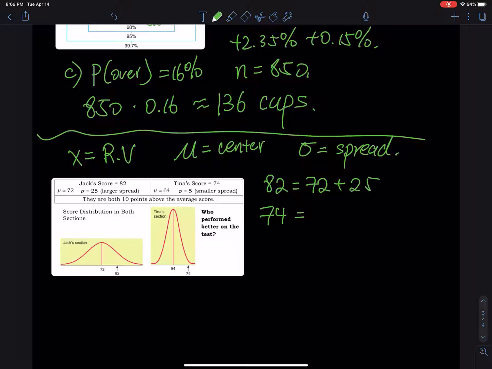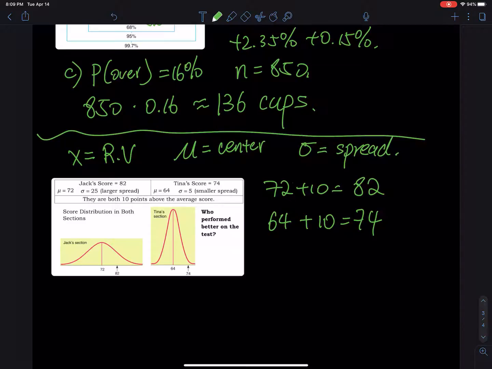Oh, actually, no. I was doing this too fast. They are both 10 points above the average, right? So 72 plus 10 equals to 82, and 64 plus 10 equals to 74. They are both 10 points above the average.